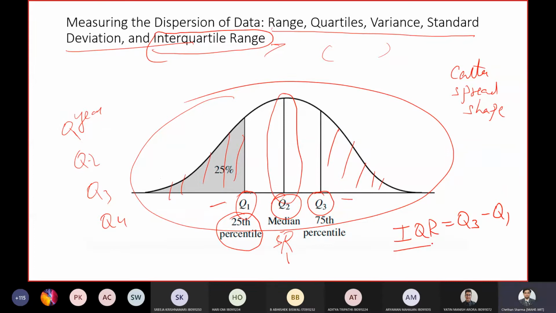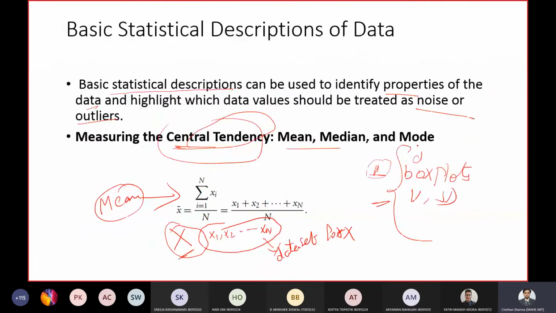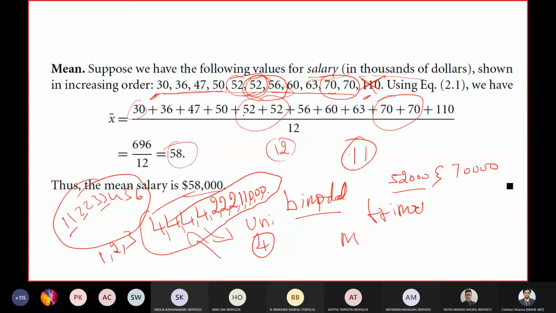You need to know this to calculate a few other things in the coming slides. If you take the same example which you have studied here, this is the range 30, 36, 47, 50. If you take this same data set, as I told you, it is 12 observations sorted in increasing order.